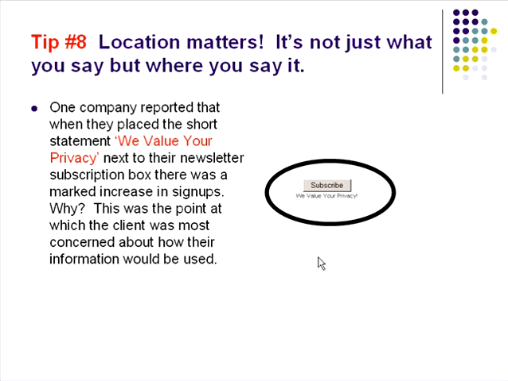And so you make sure that you place a statement there with regard to your privacy. So location matters. Not only must you present information, but that information must be contextual. It must be important to the person at that very point in the process.